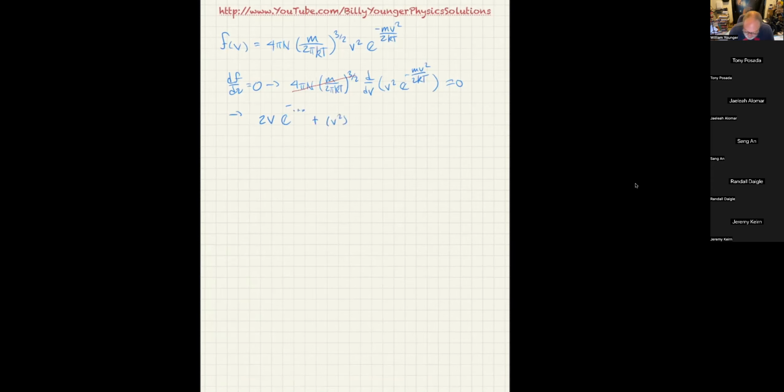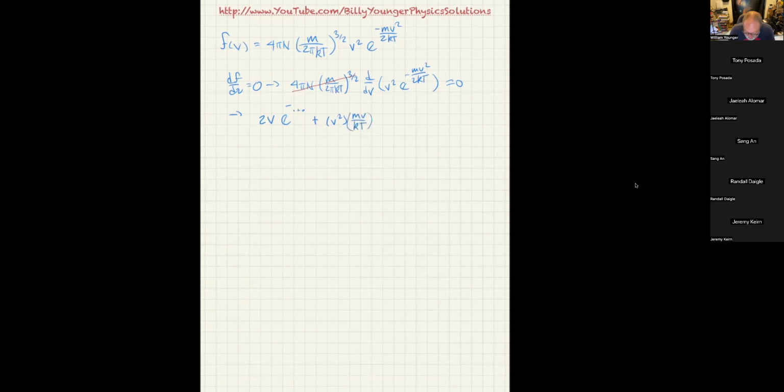And now I've got to take the derivative of e to the negative mv squared over 2kT. Well, the derivative of e to the anything is e to that same thing, and then the derivative of the thing that it was raised to. So I'm going to take the derivative of the exponent. The derivative of the exponent is 2mv over 2kT, so that's just mv over kT.